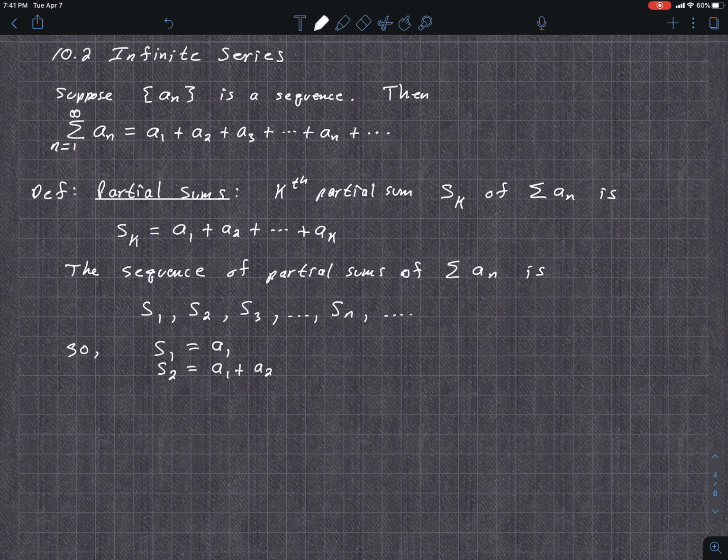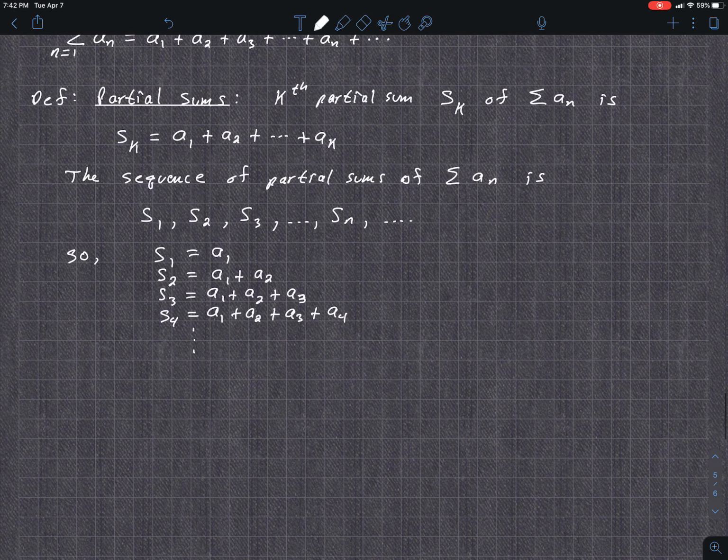So S1 is just A1. S2 would be A1 plus A2. S3 would be A1 plus A2 plus A3, etc. And you would keep going like that. Let's do one more. S sub 4 would be A1 plus A2 plus A3 plus A4. So that in itself becomes a sum.